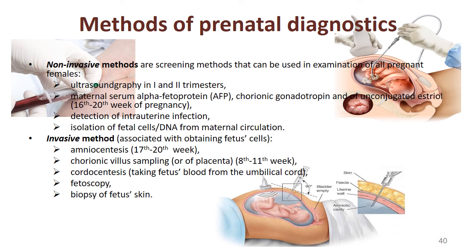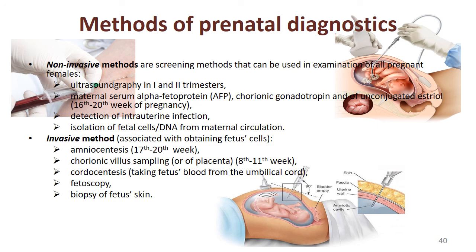They include ultrasonography in the first and second trimesters, maternal serum alpha-fetoprotein, chorionic gonadotropin, and unconjugated estriol, which is done on the 16th to 20th week of pregnancy. Then, detection of intrauterine infection and isolation of fetal cells or DNA from maternal circulation.